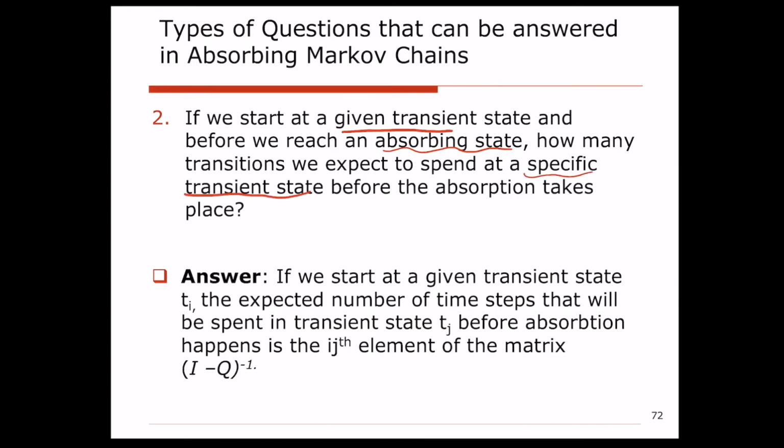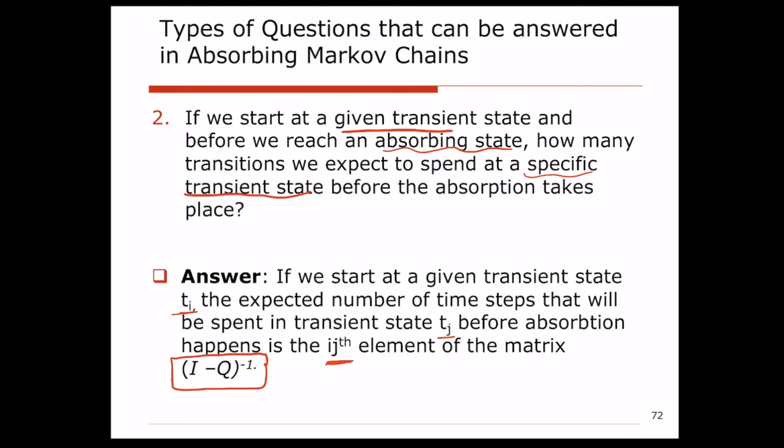Okay? And then the answer is that if we start at a given transient state, let's say Ti, the expected number of times that will be spent in transient state Tj before absorption happens is the ijth element of the matrix I minus Q inverse. So pay attention that here I'm not looking for probabilities.